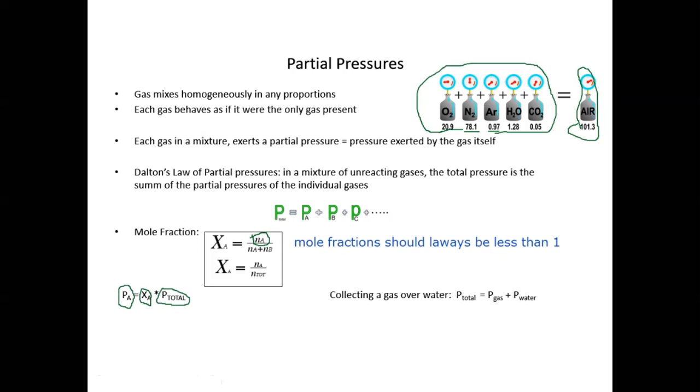Now, in some reactions, they specify that the gas was collected over water. When the gas is collected over water, the total pressure is the pressure of what we refer to as the wet gas.